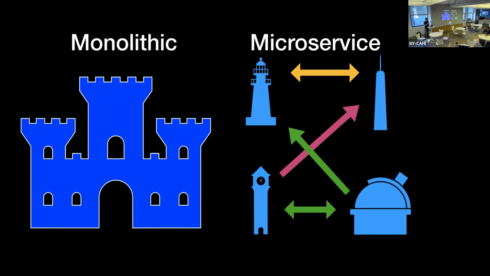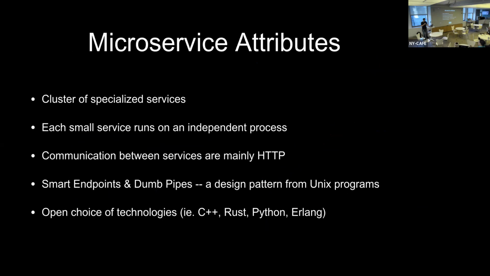So the picture, we're pretty much the one on the right. We can set these up so that they can trigger, they can call each other, they can conditionally do things, and run. Some attributes of microservices, because microservices is becoming a loaded term, but we're really pointing at something that's a specialized service.